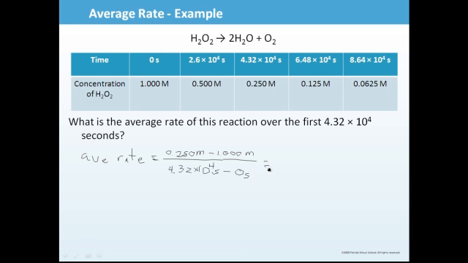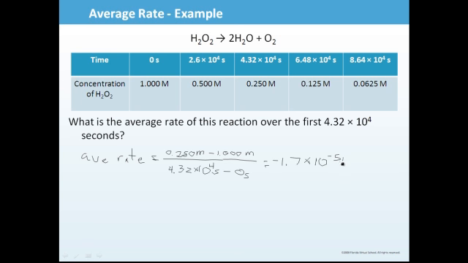So when we do our math, 0.25 minus 1, and then divide that by the 4.32 times 10 to the 4th, we get a negative 1.7 times 10 to the negative 5.